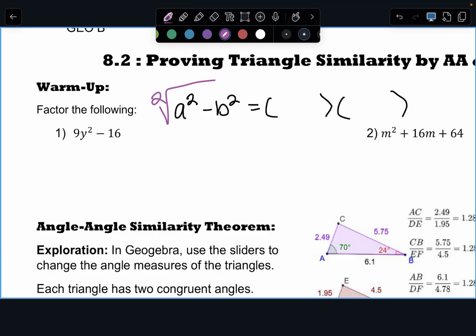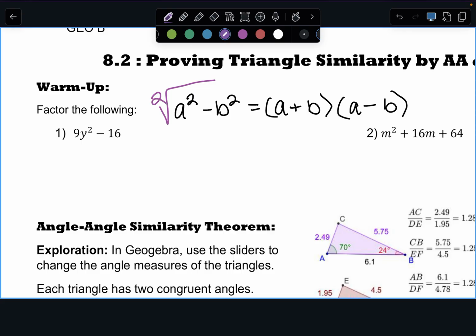We're going to technically divide them, and they're going to cancel. So the square root of a squared is just a. What's the square root of b squared then? B. So we can factor this into a plus b and a minus b. That's what we're going to attempt to do on this one.